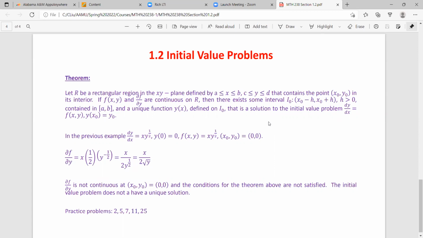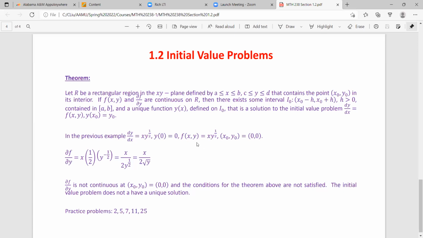All right. So let's do one example and see what happens. Let's see the previous example, dy/dx equal to x times y to the half. That's the differential equation, and the initial condition is y of 0 equal to 0.